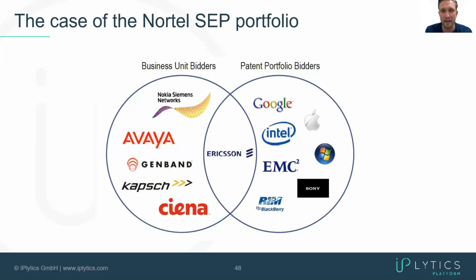Interestingly, the bankruptcy managers offered the patent portfolio and business, or both. And Ericsson was the only company bidding for both the business and the patents, which is really interesting, showing how separate it can be, that a lot of companies were really not interested in the business. They were only interested in the patents because they were so strategically relevant.